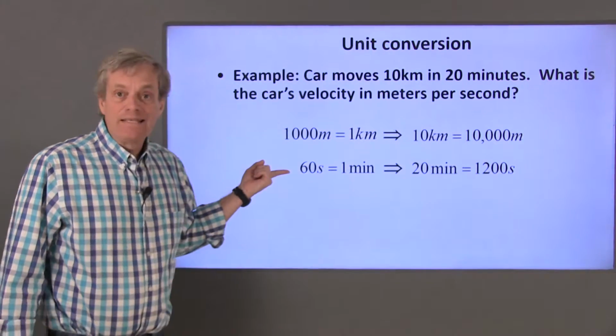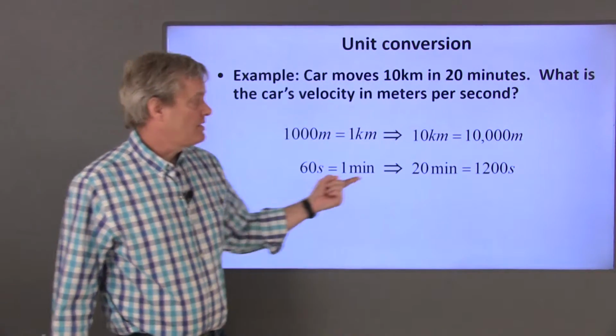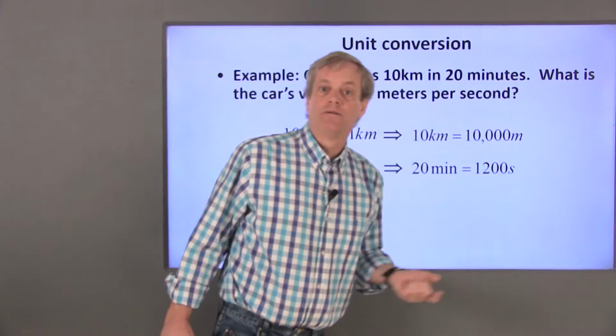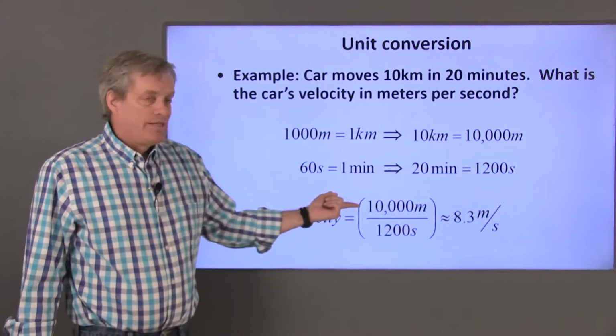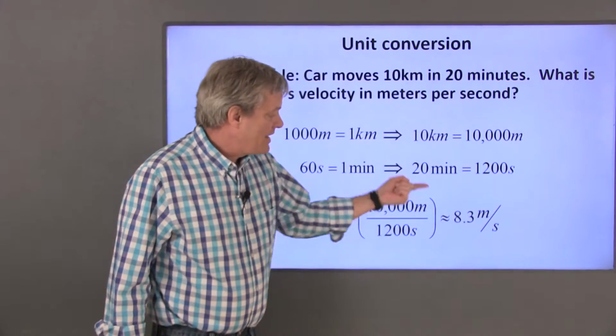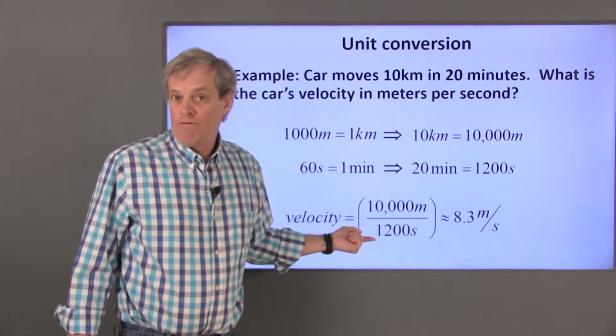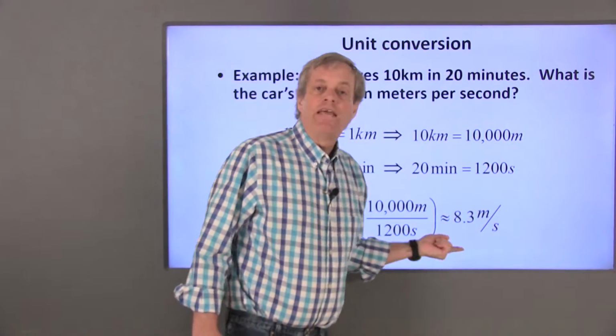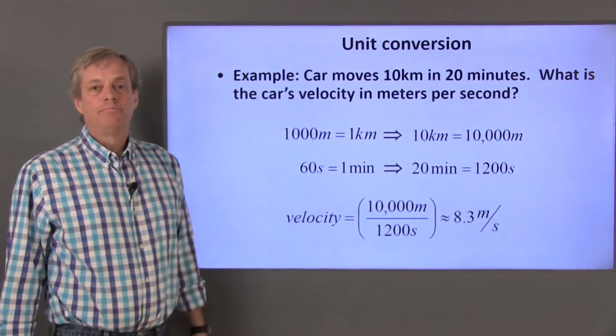There are 60 seconds in 1 minute, so 20 minutes is 1,200 seconds. Velocity is the distance traveled divided by the time. So in our desired units, that's 10,000 meters divided by 1,200 seconds, which is about 8.3 meters per second.